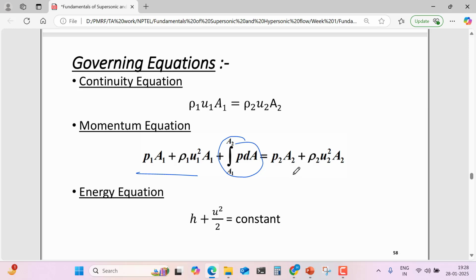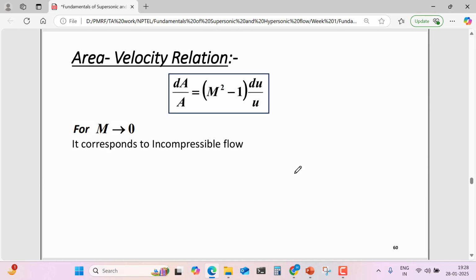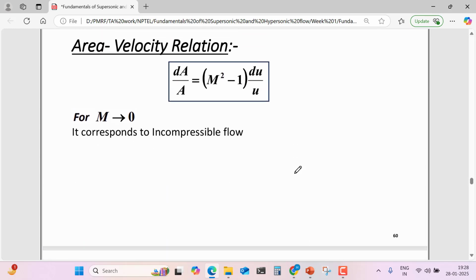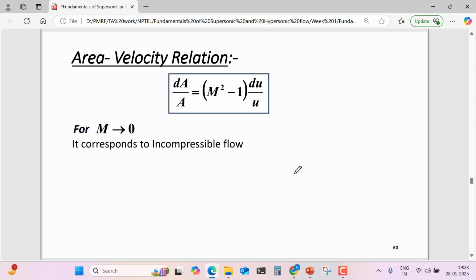For variable area change, there is one relation which we can find, which is the area velocity relation. It is given by dA upon A equal to M square minus 1 times du upon u. If M tends to 0, it corresponds to the incompressible flow.